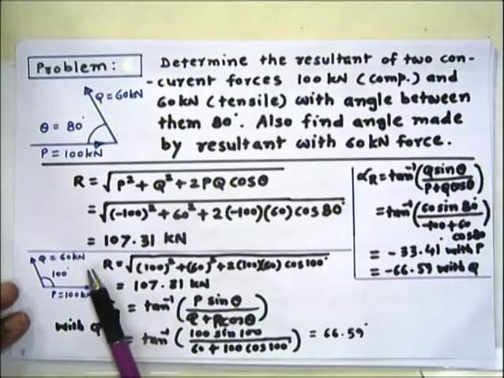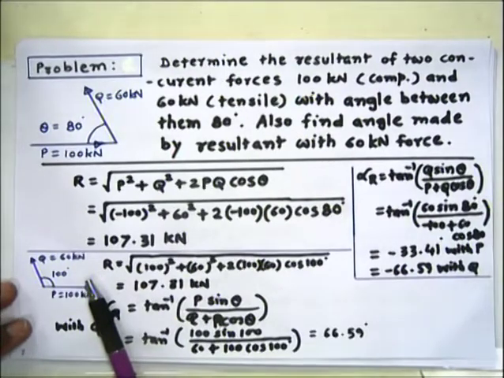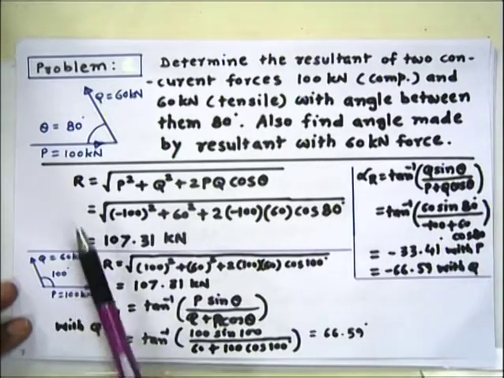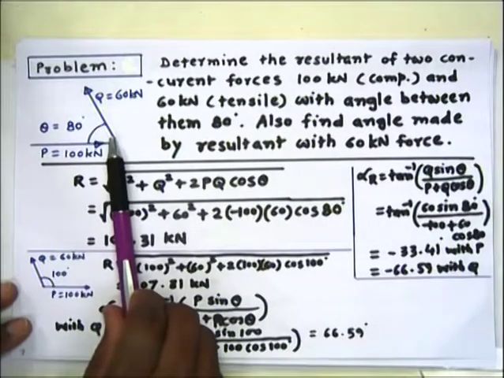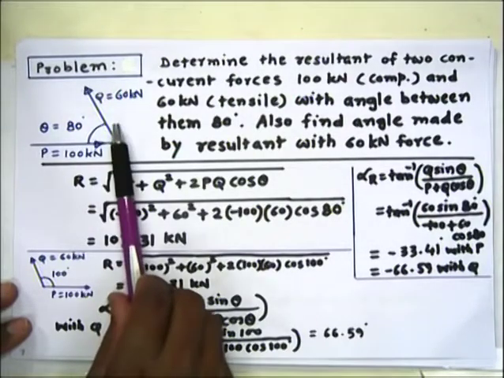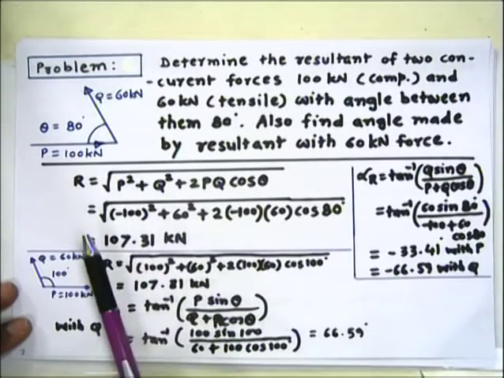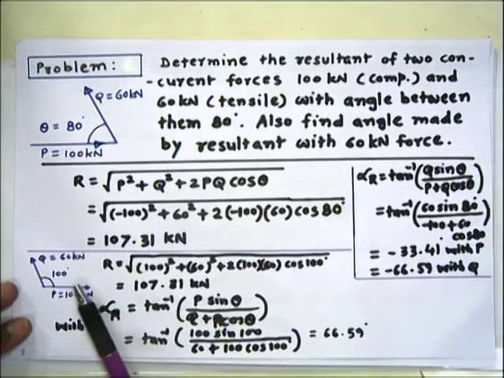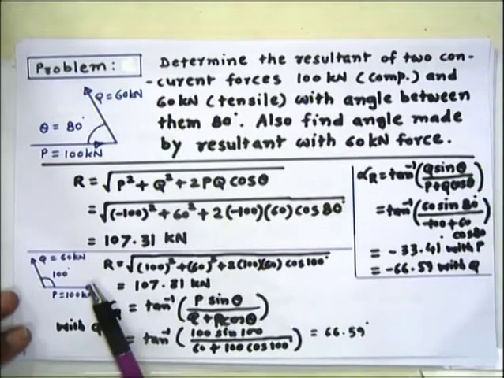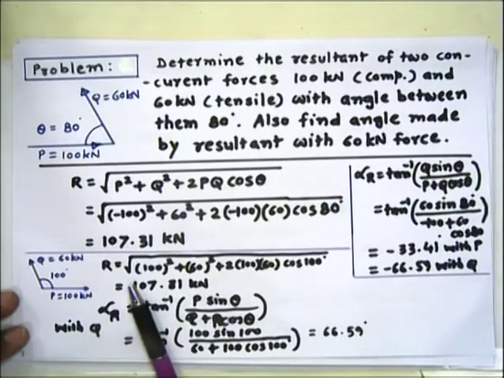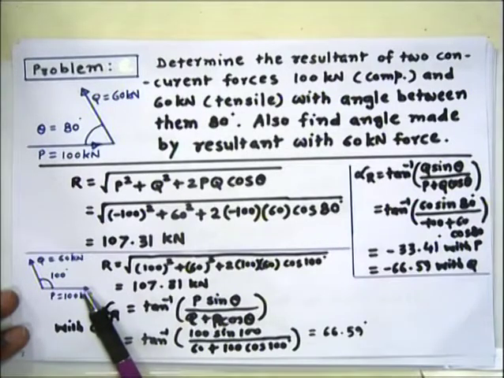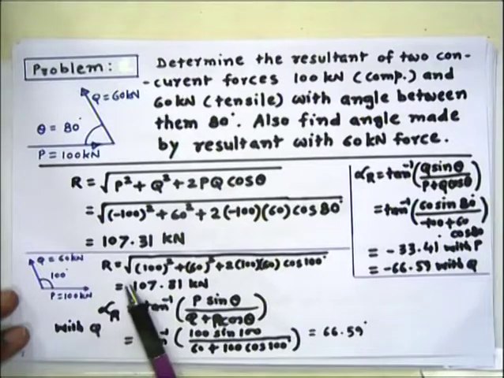So we can write this angle as 180 minus 80, that will give you 100. So now we have converted this force system, which was one force compressive and another force tensile, we have converted both of them as tensile, or we have kept the two forces as tensile. Now using same formula, but in the previous case P was minus, here it is considered now as plus.